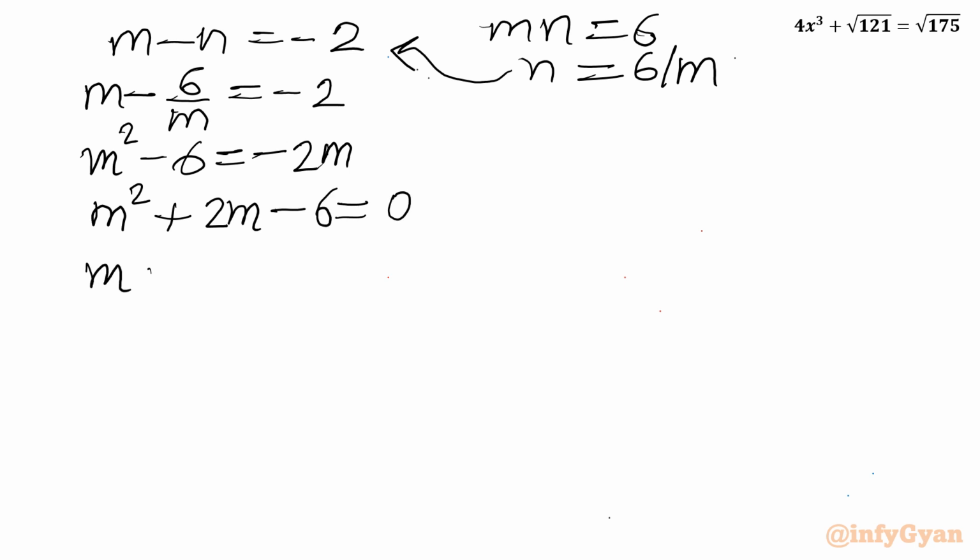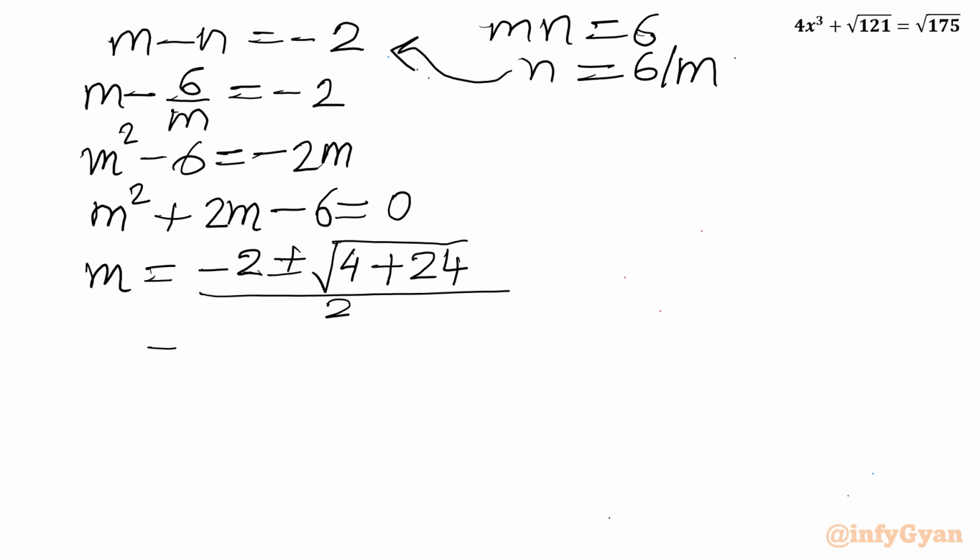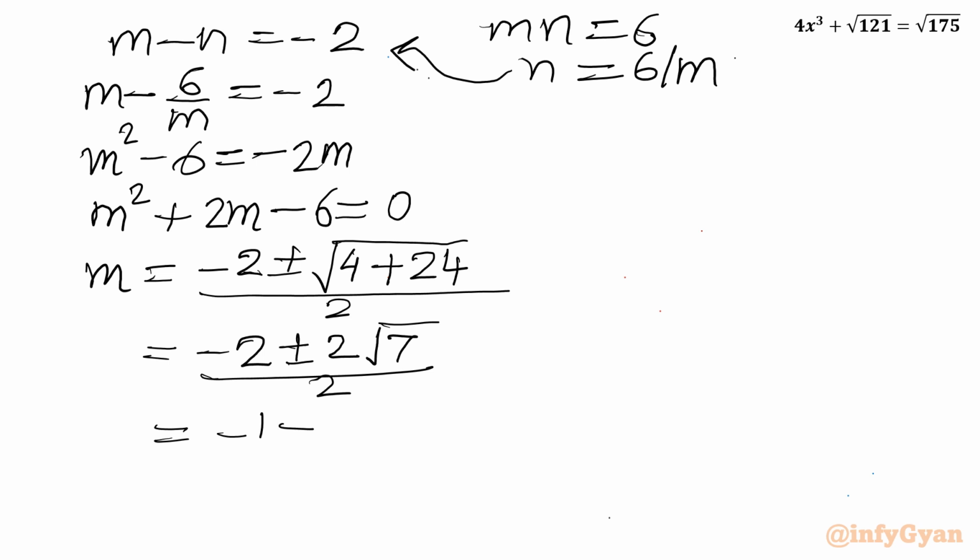Let us apply the quadratic formula. m will be equal to minus b plus minus square root of b square minus 4ac divided by 2a, which is minus 2 plus minus square root 28. So I can write 2 square root 7 over 2, or we can write minus 1 plus minus root 7.